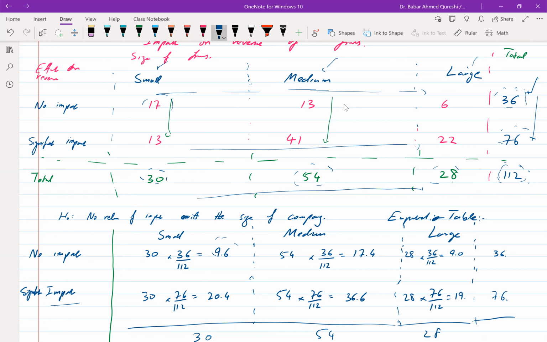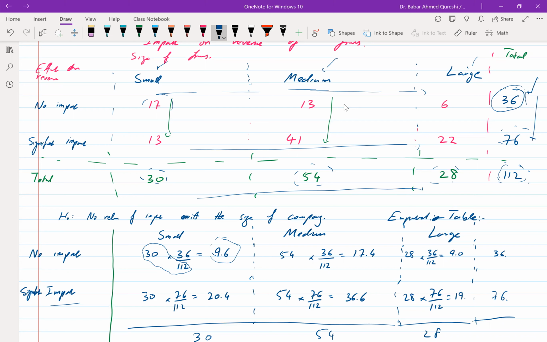And that has nothing to do with whether the firm has significant impact or no impact. So I take the probability of being small and multiply it with the number of firms which had no impact. That's the number 36, and I multiply that. That will still give me the same number.